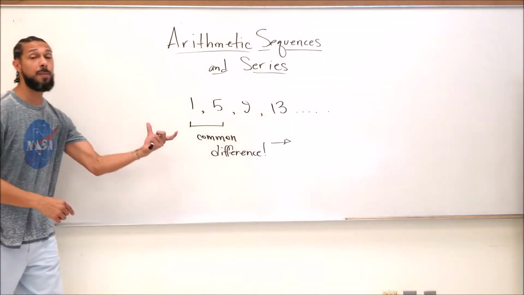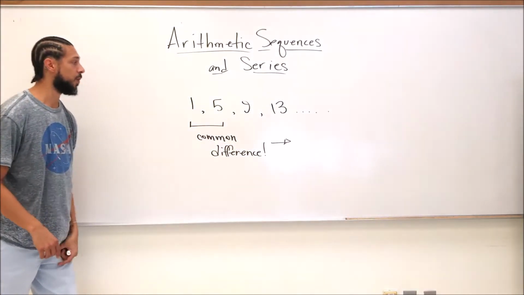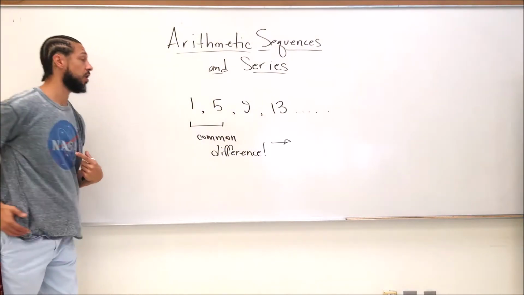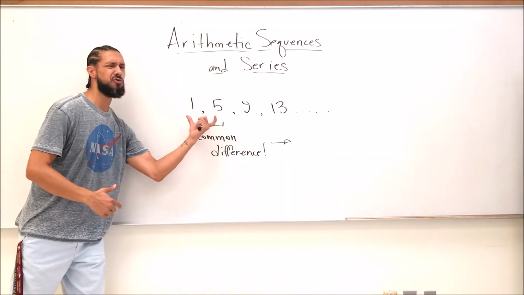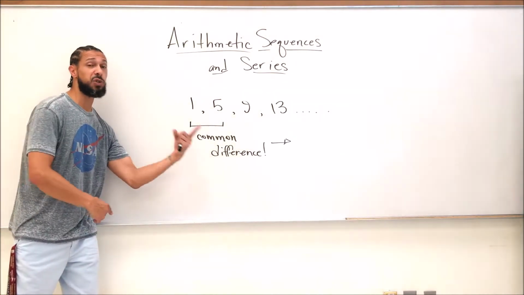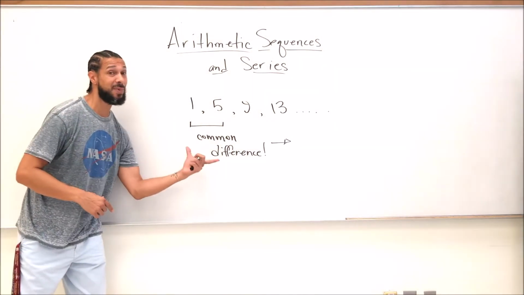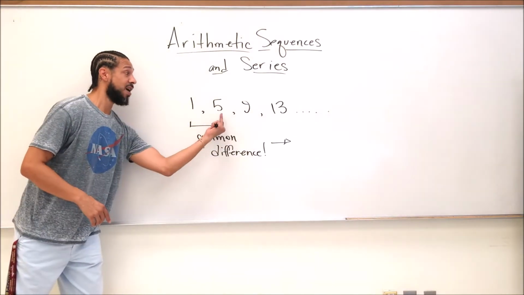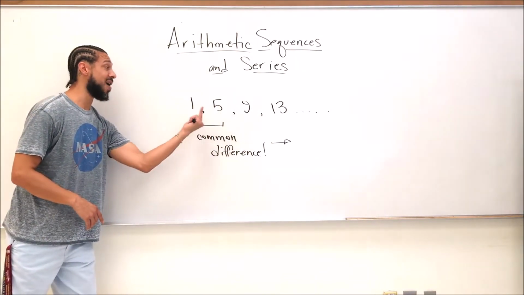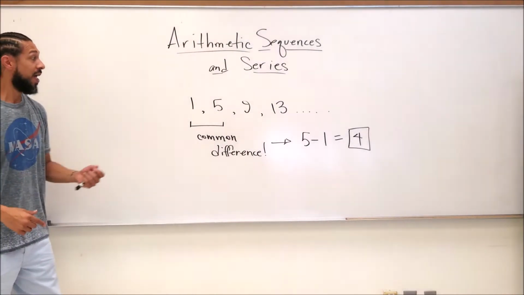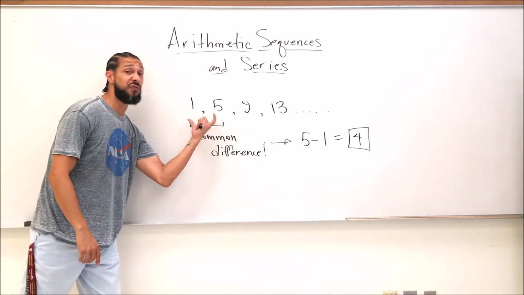This common difference is the difference between two consecutive numbers in my sequence. How far apart are these two numbers? Difference is what you get from a subtraction problem. So to find the common difference, I'm going to take this term and subtract this term. The difference between these two numbers is 4.